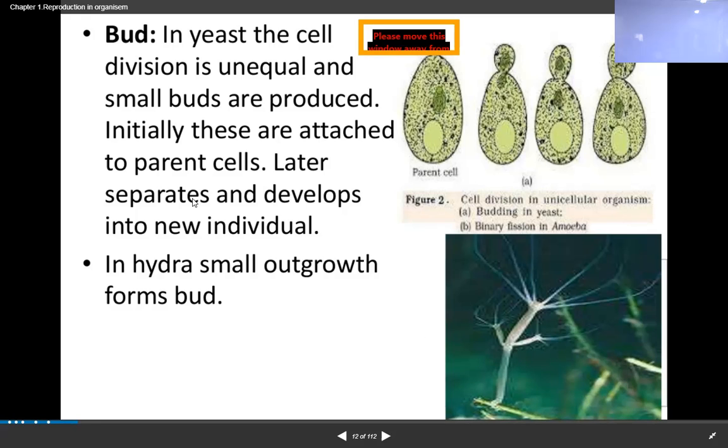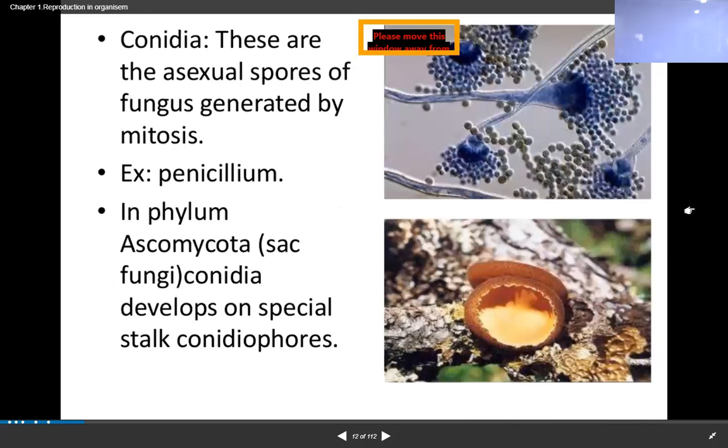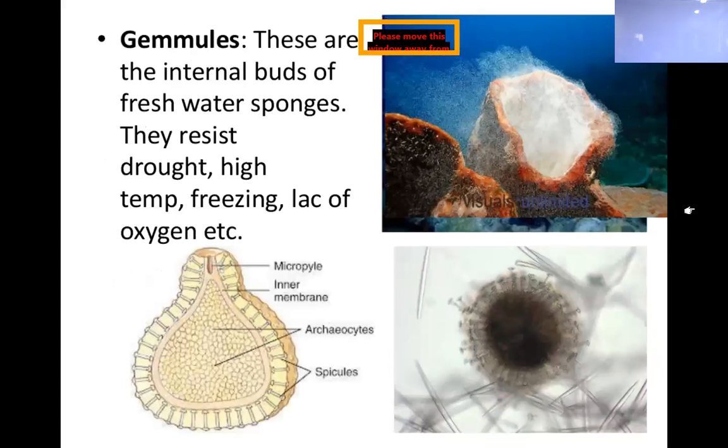Okay. Have you heard about regeneration, Sejal? Regeneration. What is it? For example, planaria. What happens in regeneration? Can you tell me? A body or a particular organ grows again.